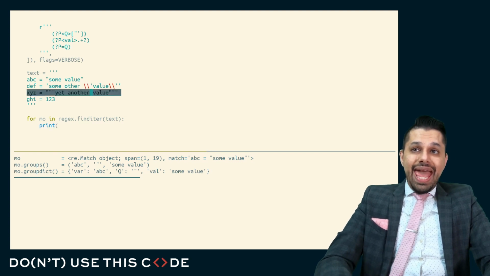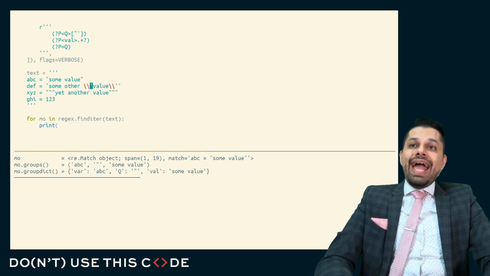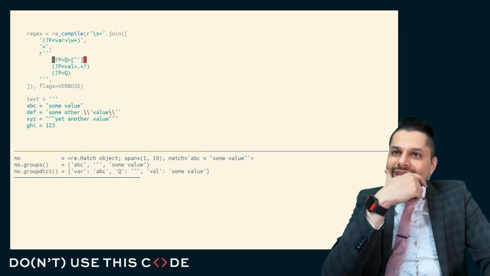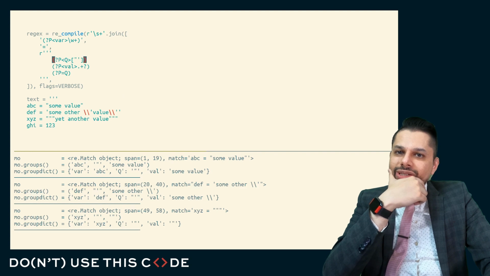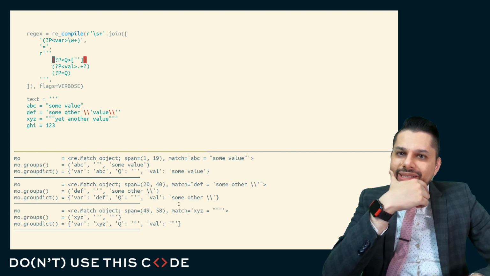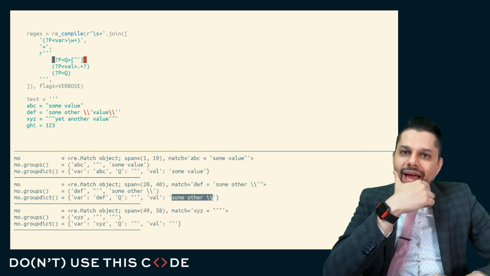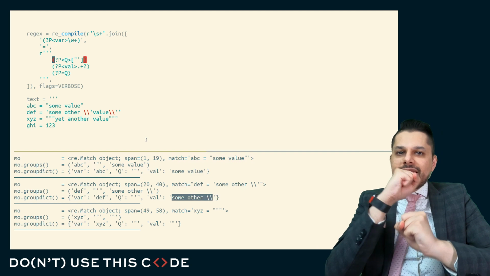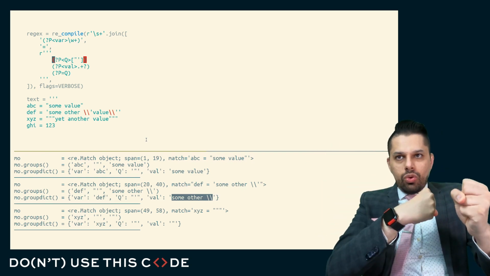I'm going to try and match any single double quote, any triple double quote, or any single quote, and I'm going to allow myself to escape these single quotes. Well, if I want to take this original regular expression, it matches everything, but you can see it does some things that are kind of dodgy, like this some other ends a little bit early, and it's not checking that it's either single quotes or triple quotes.